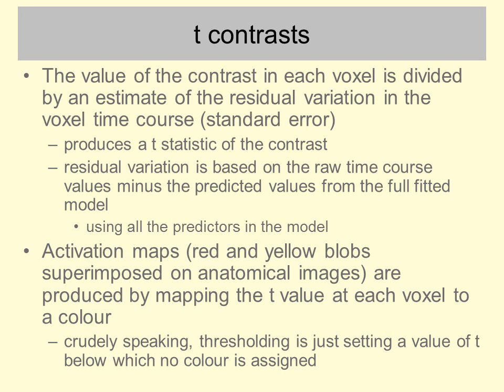So for a visual minus auditory contrast, if you set the value of T quite high, such as 4, you would just see restricted activation in the visual cortex. But if you were to set it much lower, say set it at 1.5, you would actually start to see quite a bit of activation spreading out into the brain from the visual cortex, and also maybe some kind of random blobs appearing that might just be false positives.